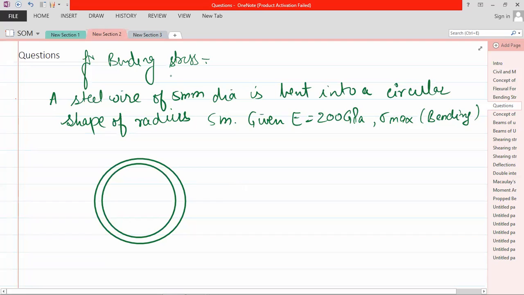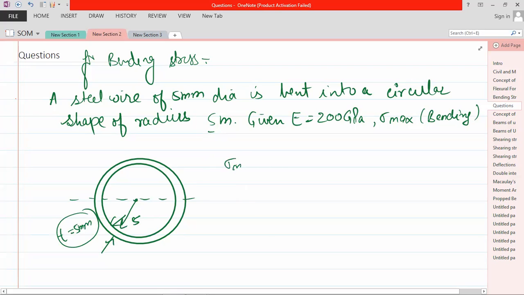Okay. Now the wire is bent in the form of a circle and the radius is given as 5 meter. The thickness is given as 5 mm. Now, what will be the maximum bending stress?